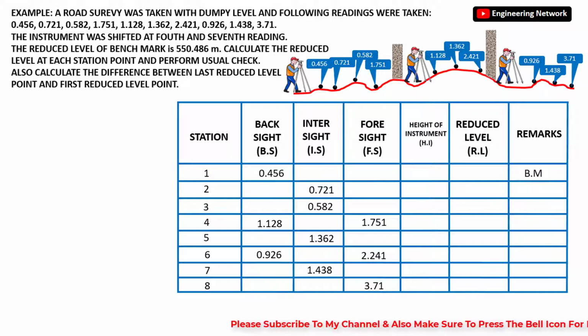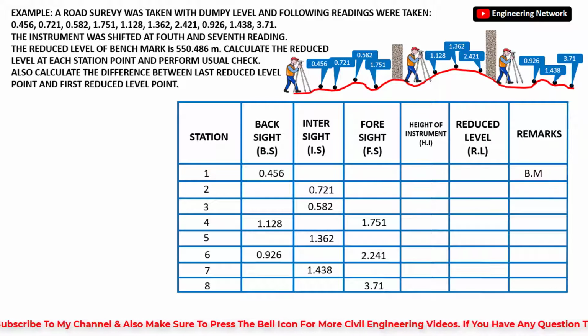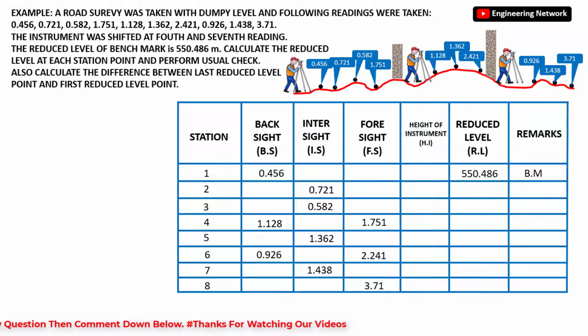And now I will use the line of collimation method in order to solve this question. At station 1, the reduced level is 550.486 meter, which is actually the benchmark. Now at station 1, I will find the height of instrument, also called HI.